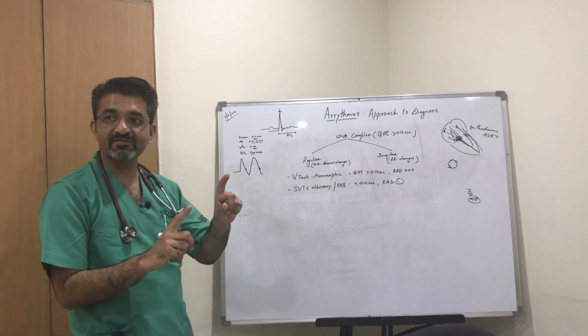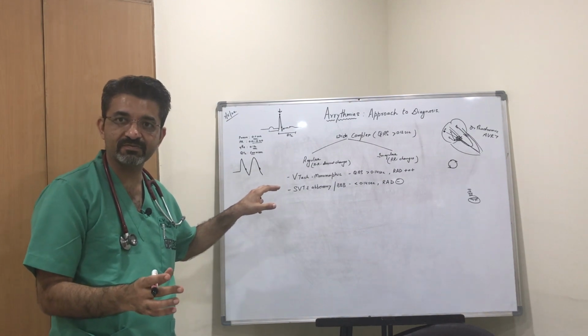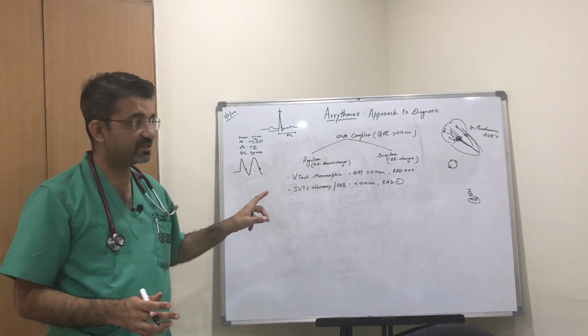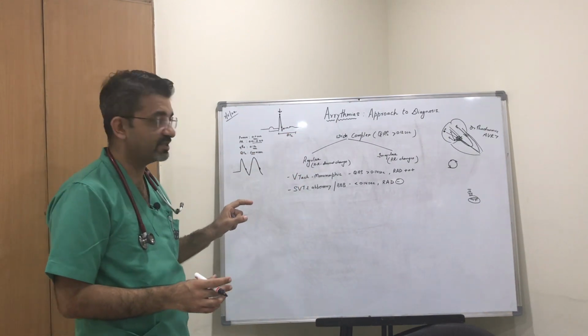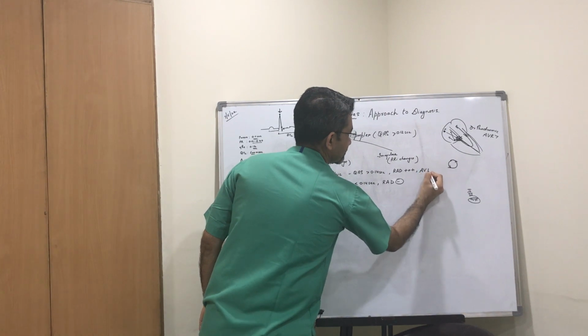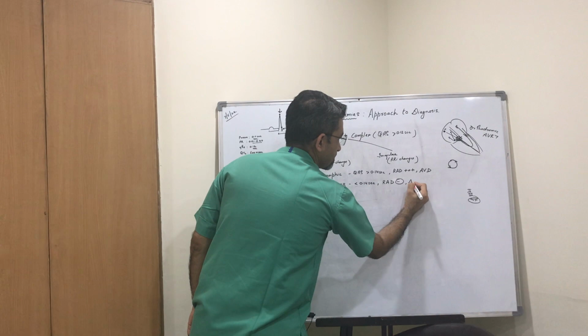This is not the AV dissociation which we talk of in respect to third degree heart block. This is some other AV dissociation. So if you are able to find a P wave in a QRS, which in this context is known as AV dissociation, this favors VTach. But in SVT with aberrancy, there is no AV dissociation.